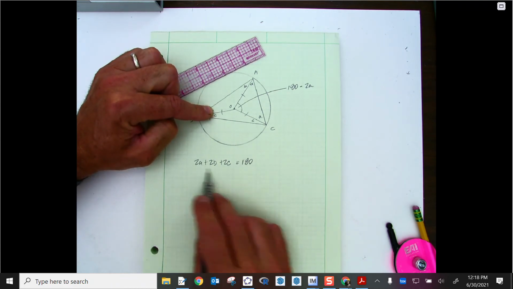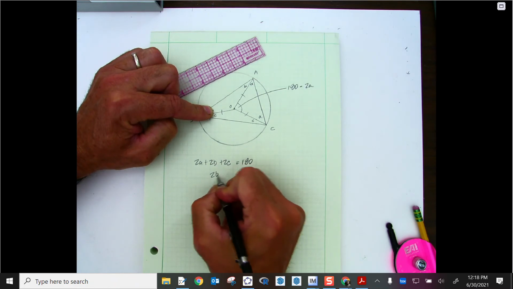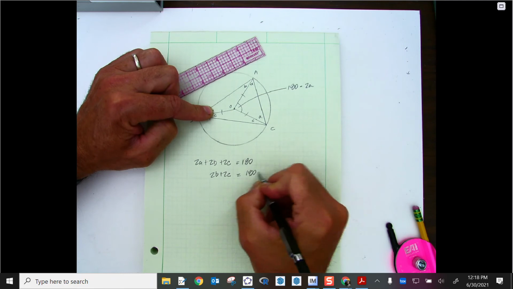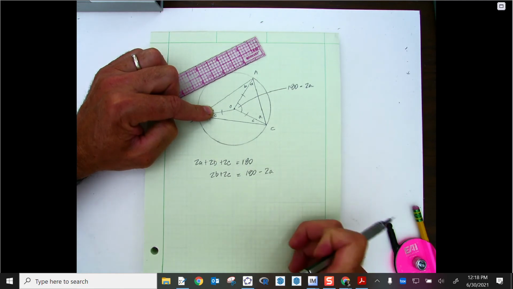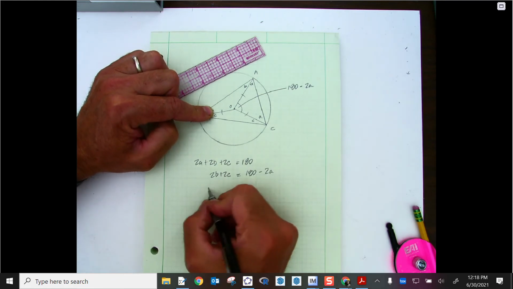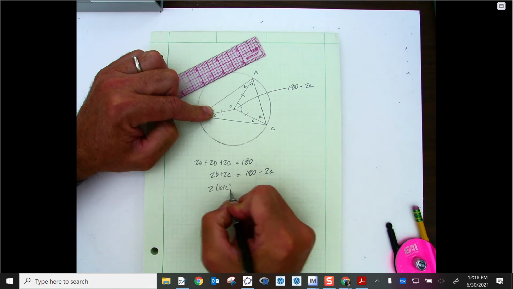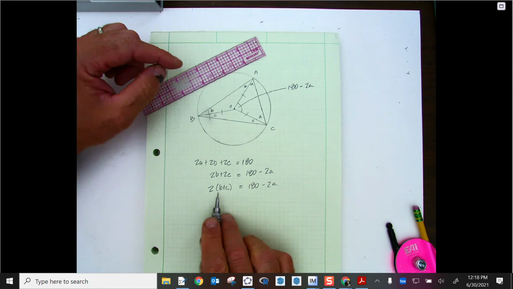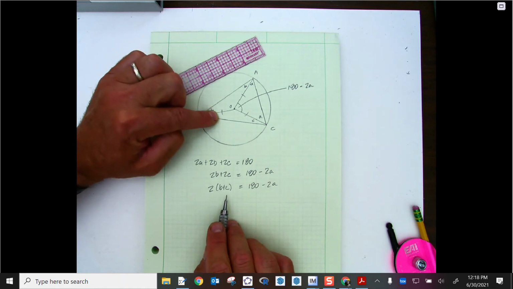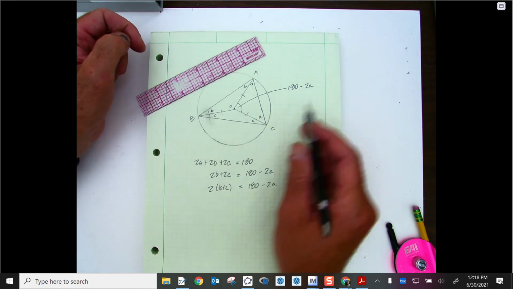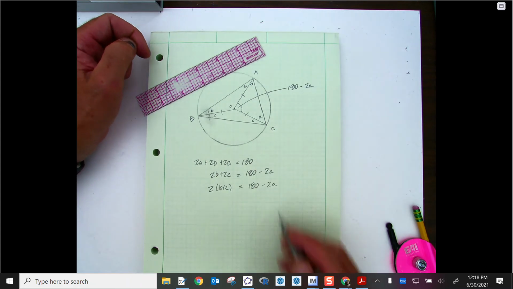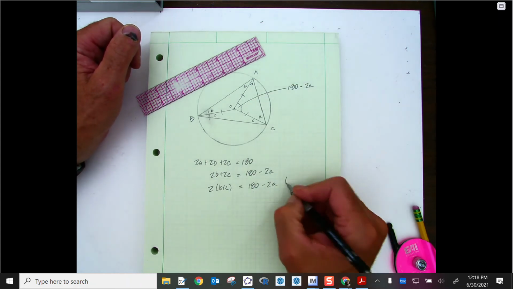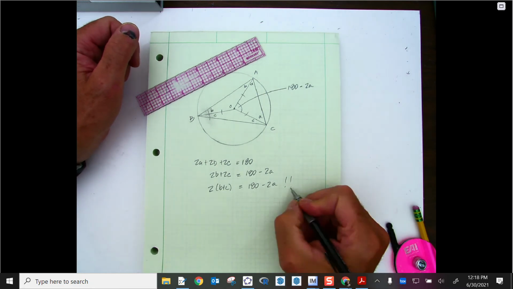So I'll kick the 2A over there and get 2B plus 2C equals 180 minus 2A. And wow, there it is. You see that? 2 times (B plus C) is equal to 180 minus 2A. So in other words, if I double B plus C, I get the measure of this angle, which is 180 minus the 2A's here because of this triangle angle sum. So that seems to have pointed the way toward a proof.